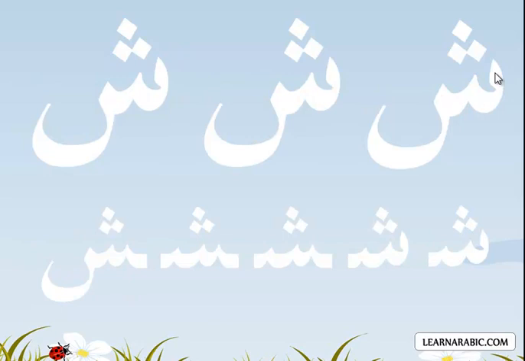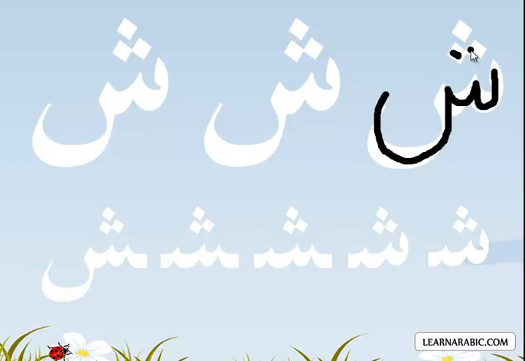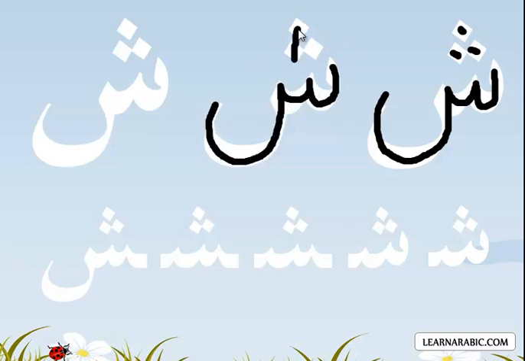Then we have the partner of sin, which is sheen. So again, we see the main body of the letter, and on top we have three dots. In certain styles of script, we can also represent these dots like this, like a small pyramid, and you will find that in written form in people's handwriting styles.